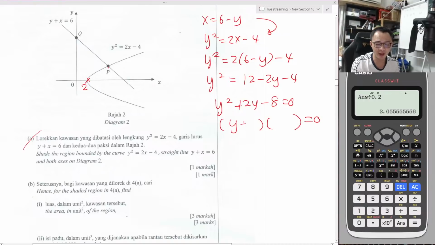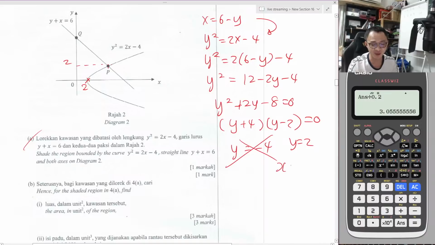So (y plus 4)(y minus 2), y equals 2 or y equals negative 4. Based on the observation, this looks like a positive y value, so it should be 2, and I reject the other value. Then x equals 6 minus 2, x equals 4. So the coordinate of P is (4, 2).